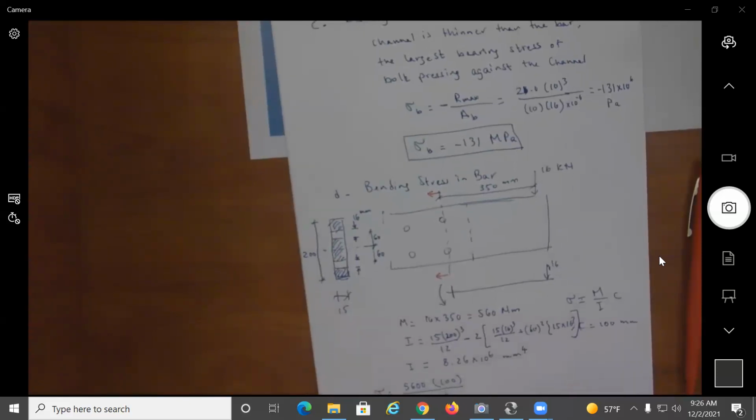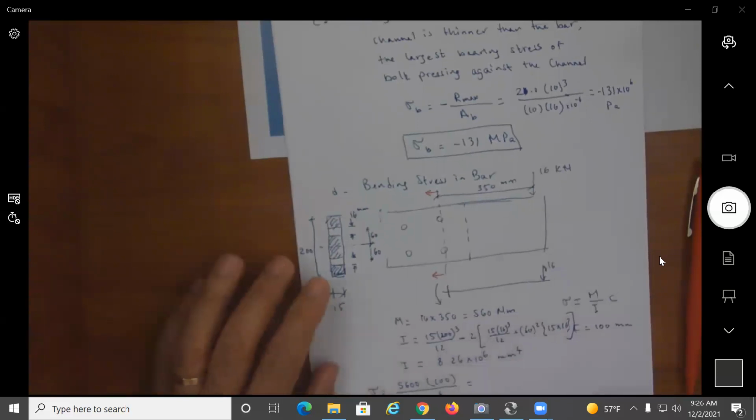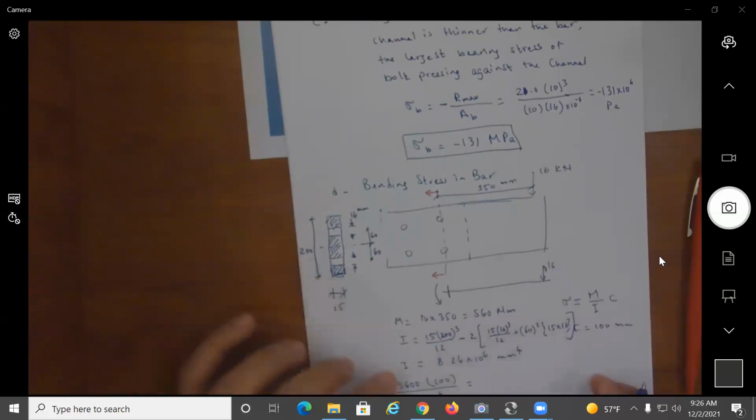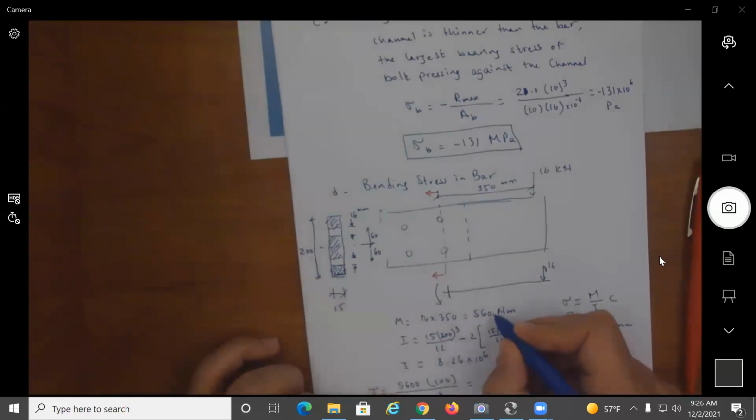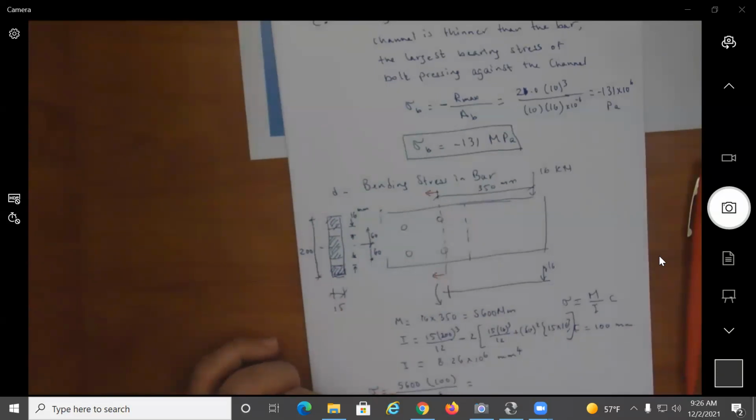Now this is in millimeter to the power 4. If I want to get the answer, it's going to be in terms of millimeter. And I have 5,600, sorry, this is 5,600 multiplied by 100.